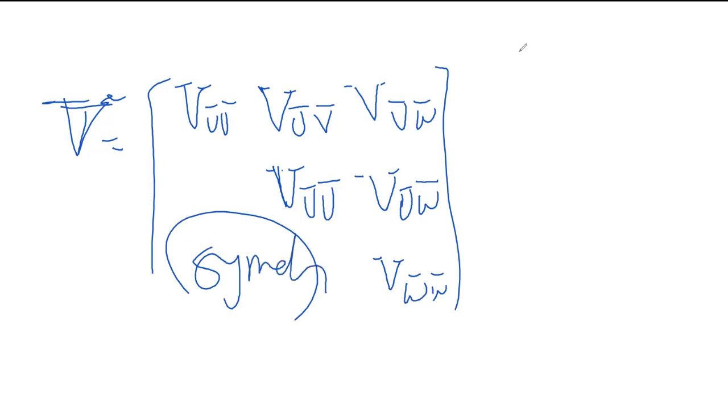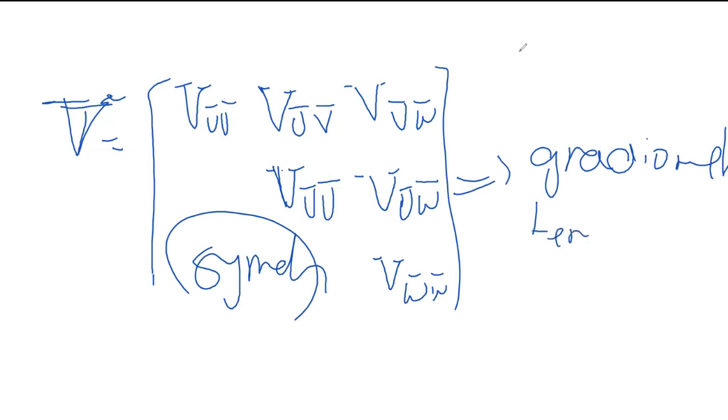This is called the gradiometric tensor. We have already discussed the gradiometric boundary value problem and how we can determine the spherical harmonic coefficients of the gravity field using the second order derivative.